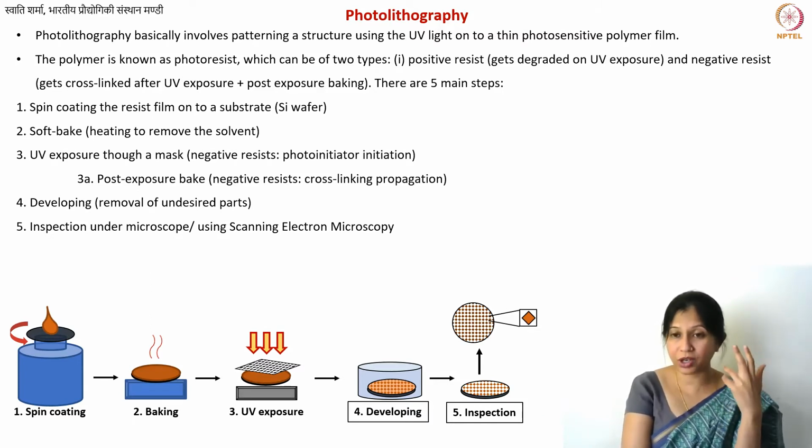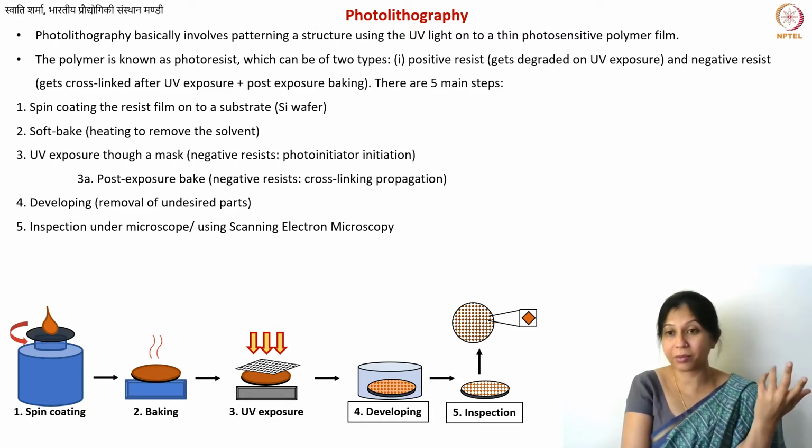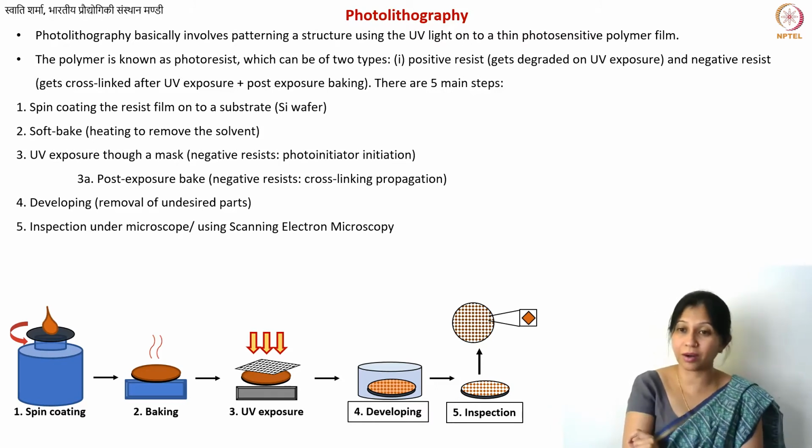I don't like to use commercial names, but there is a type of photoresist which is known as SU8. I'm using this name because this is the polymer that gives you a good quality glass-like carbon. It is known to give you carbon that is very similar in properties to commercial glassy carbons. Okay.